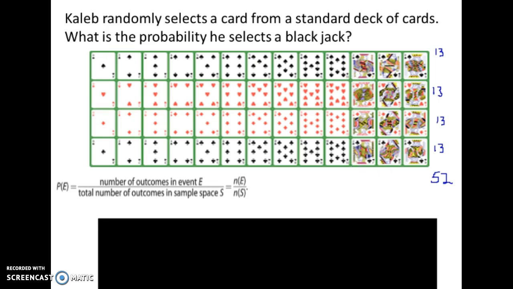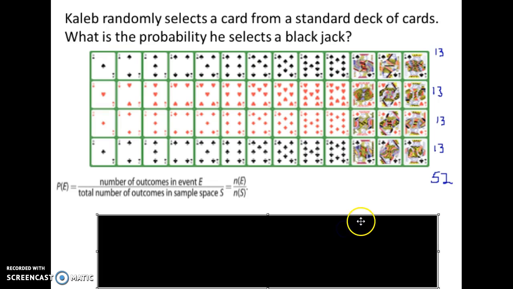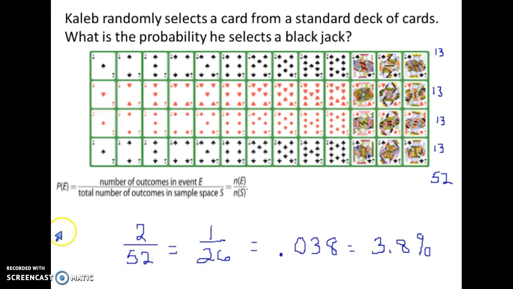If you've never played cards, they're kind of fun. You might try it sometime. So we have a possible of 2. That's our possible outcomes for a black jack. We have 1 here, and we have 1 here. The other 2 are red. So 2 out of a total of 52 cards.